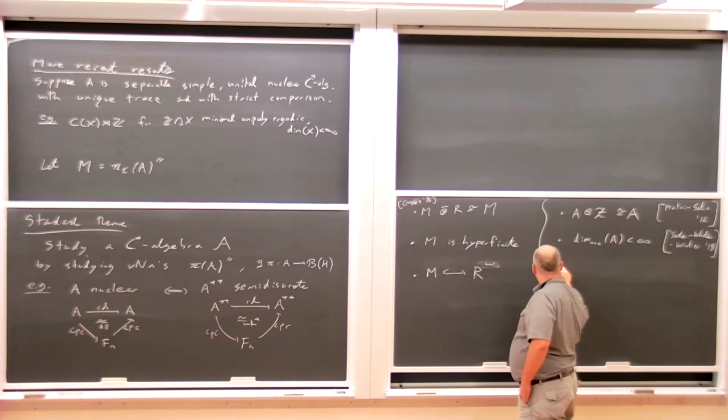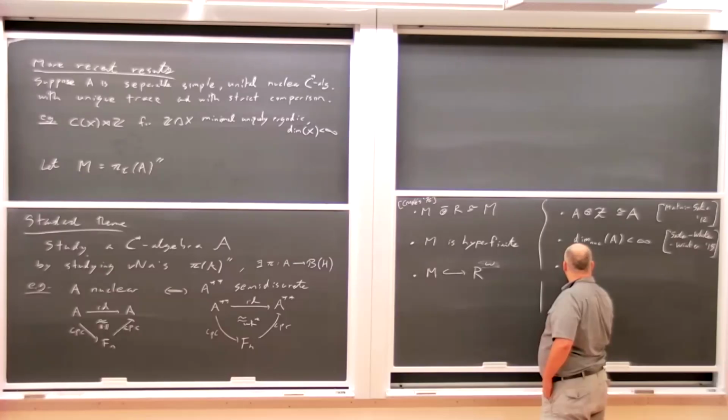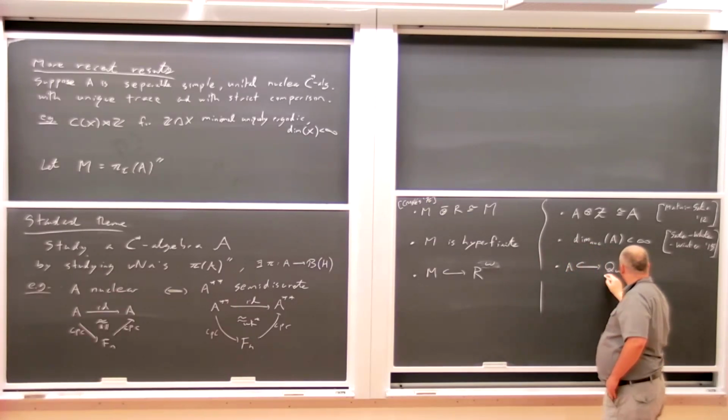And there is a C-star algebraic analog of this that, let me just write in, then I'll say more. So where Q is the universal UHF algebra, and now instead of a tracial ultrapower, it's a norm ultrapower.